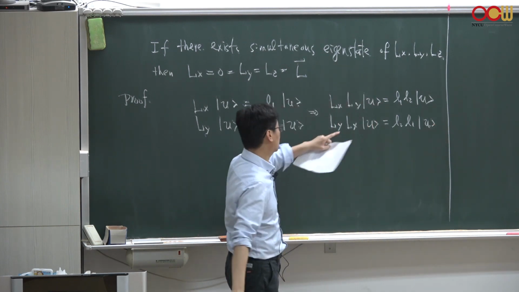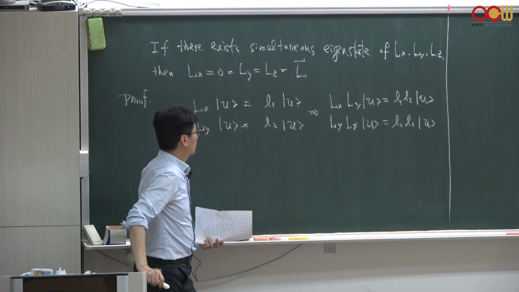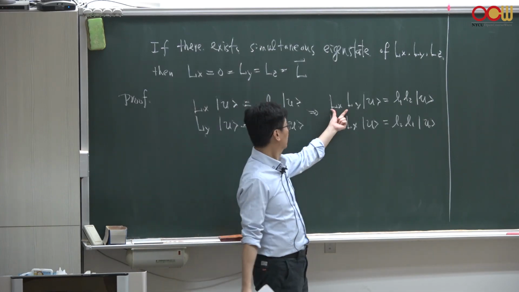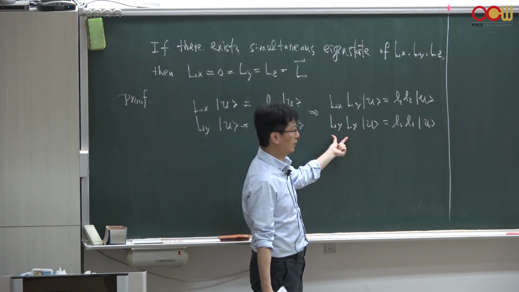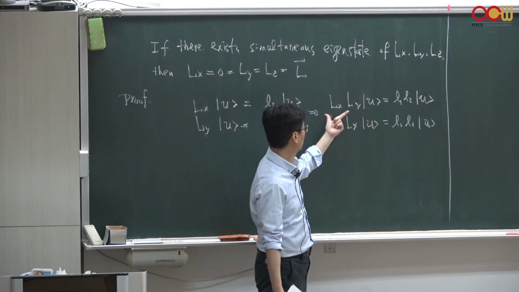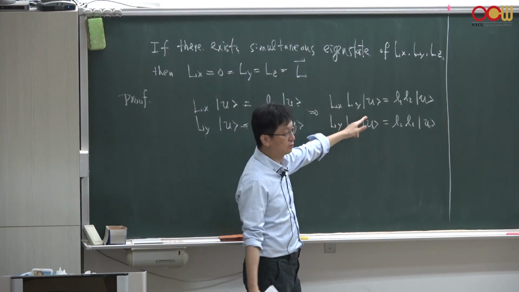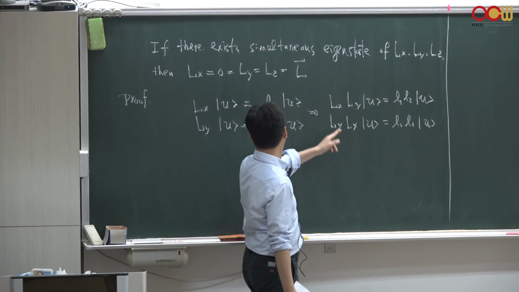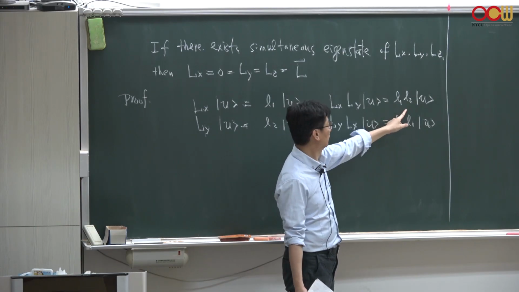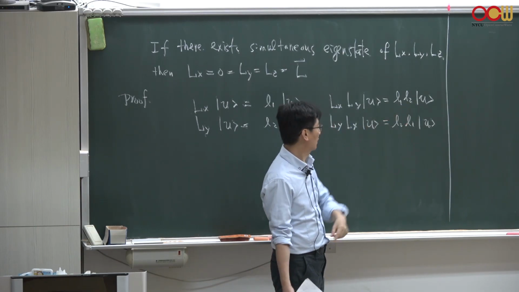Suppose I continue checking this eigenvalue equation for Lx and Ly in this order, or Ly, Lx, acting on this simultaneous eigenstate U. Because U is the simultaneous eigenstate of Lx and Ly, you'll get l1 l2 for the first and l2 l1 for the second.